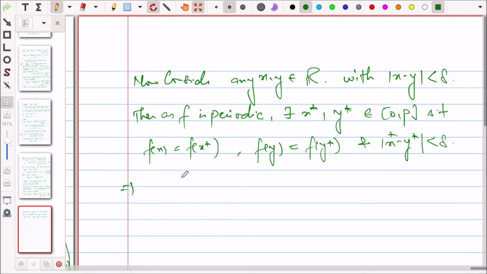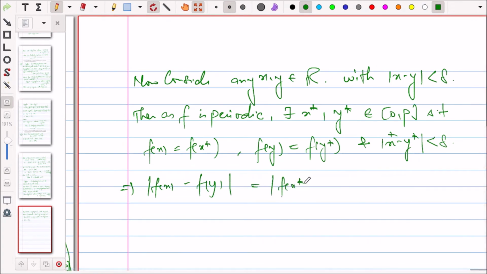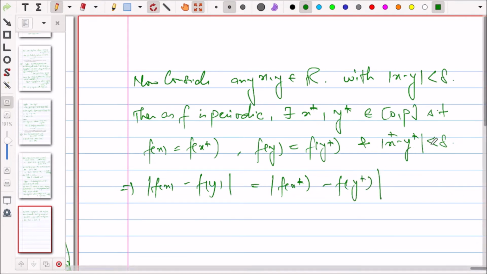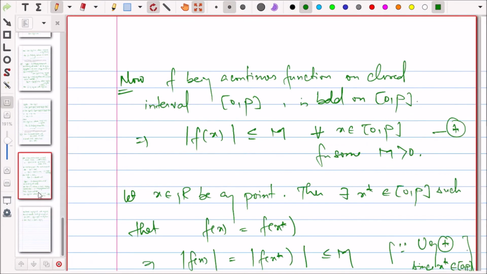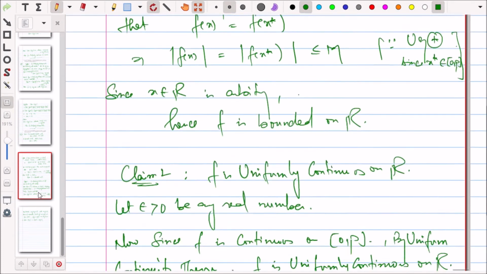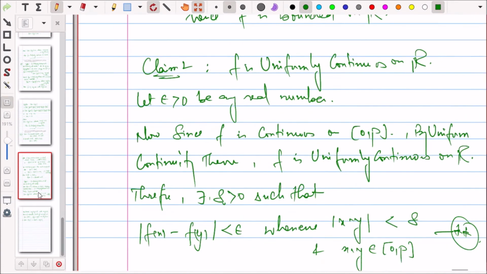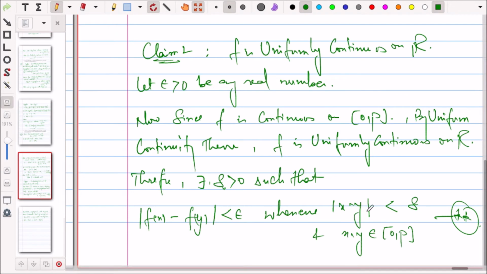So this implies f(x) minus f(y) is equal to f(x*) minus f(y*), and because the distance between x* and y* is less than delta, from this double star, because x* and y* are points of [0, p] and their distance is less than delta, this will be satisfied.